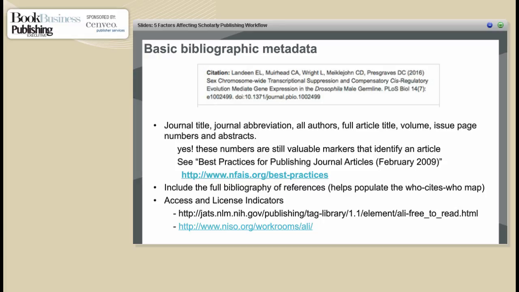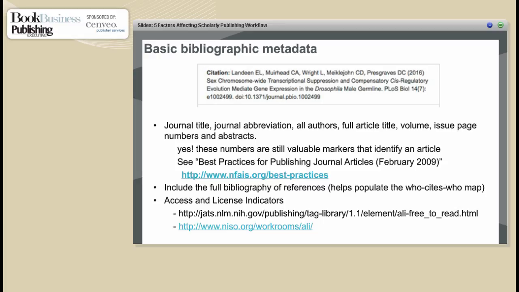There's this 14-7 in there, which I'm assuming is volume and issue. These are all very old-fashioned monikers that identify the journal. And yes, these things are still used quite heavily, so it's still important to capture them correctly and have them correctly fed into the metadata stream that starts with sending the data down to Crossref.